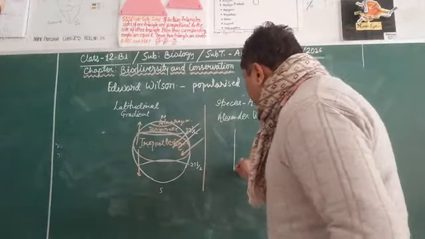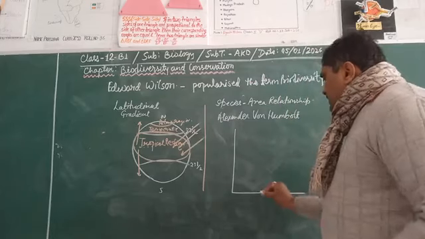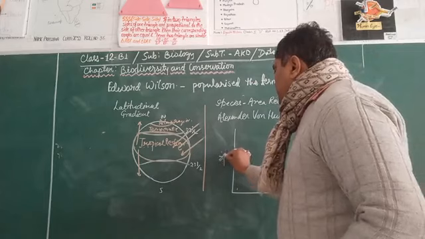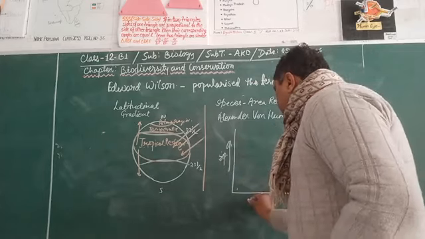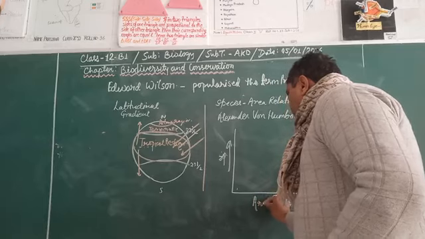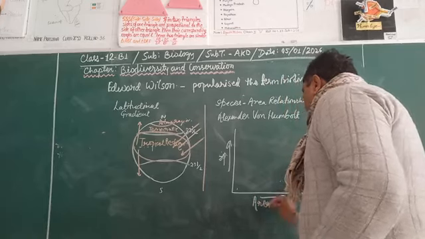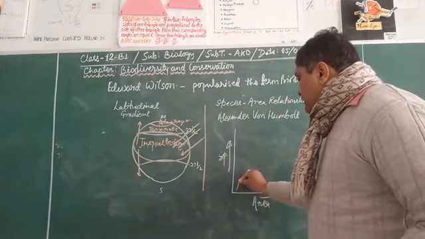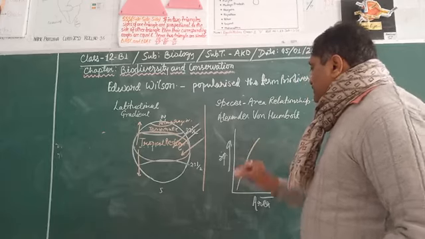He represented this with a graph, with area on one axis and species on the other.